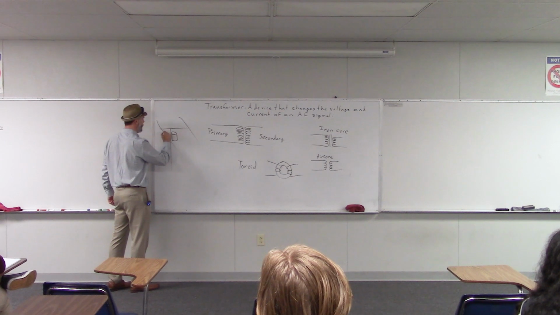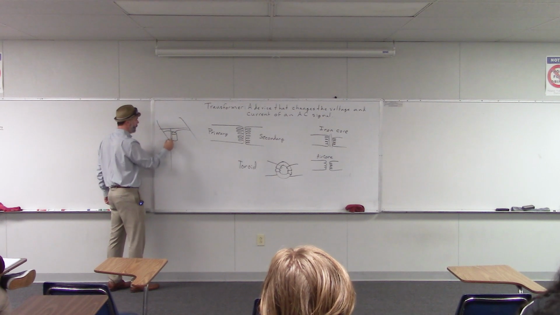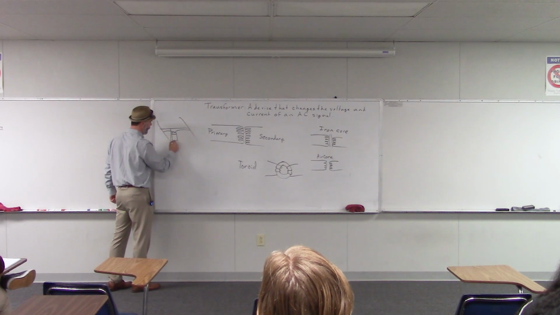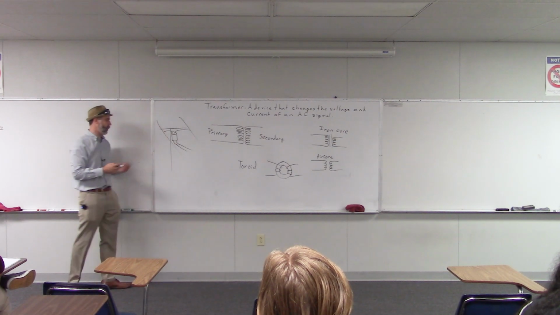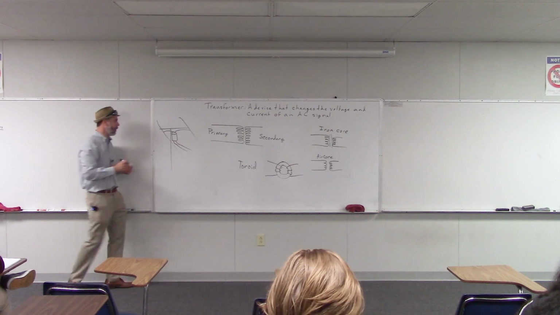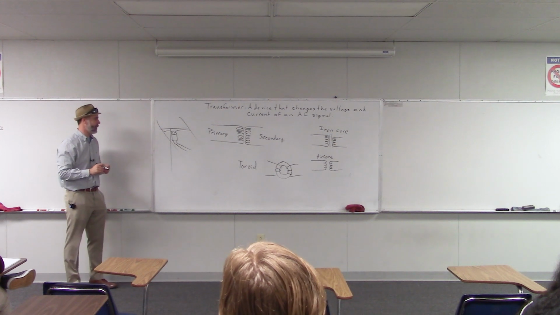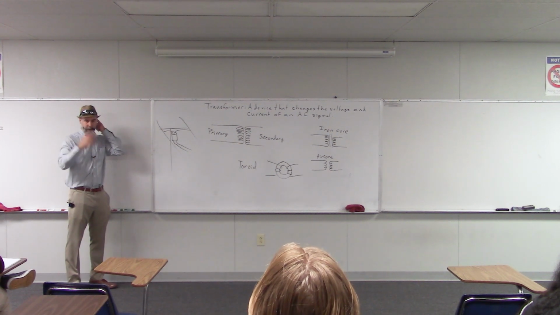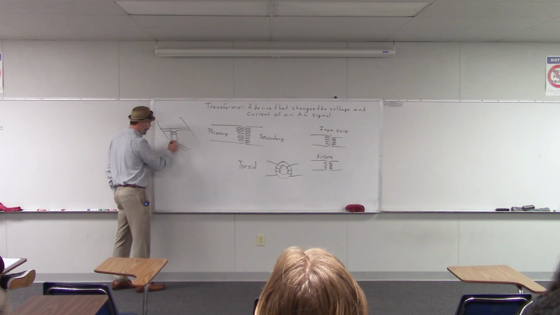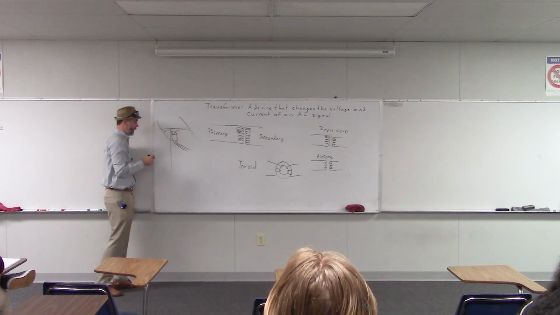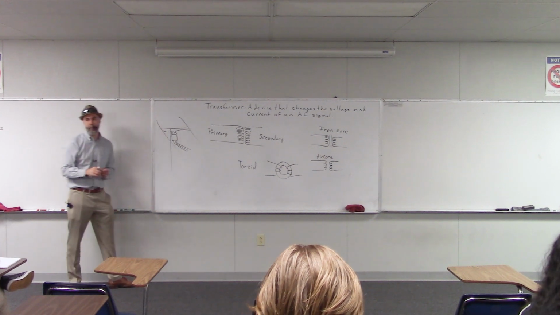The metal cans have wires coming in from the power lines, and then they have other wires that go out to the house. These metal cans are transformers, and what they do is take the high voltage running on the wires, maybe 10,000 volts, and step it down to the voltage that will go to your house, which is about 120 volts AC. So they go from thousands of volts down to hundreds of volts to make it more safe.